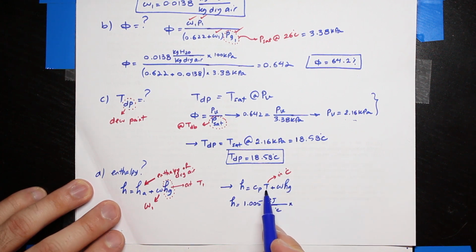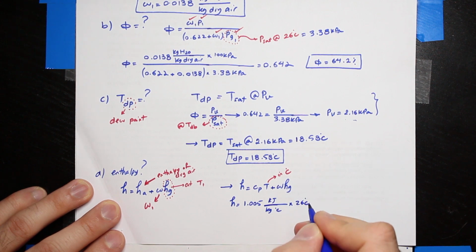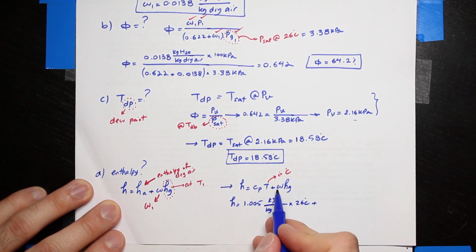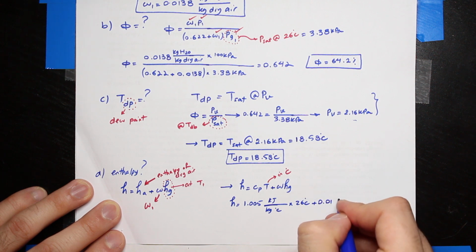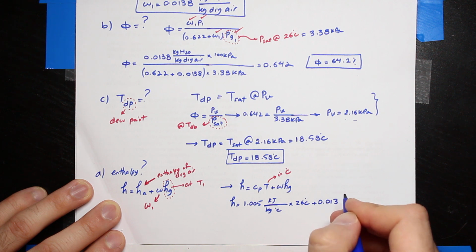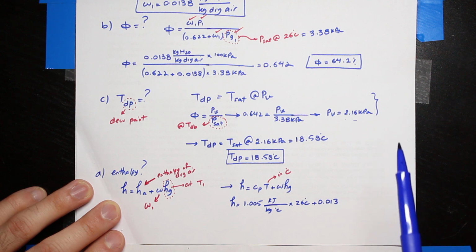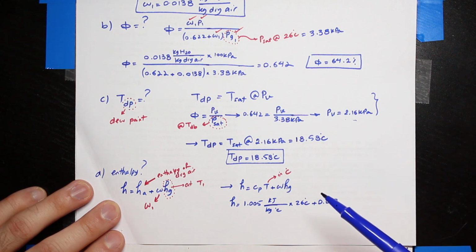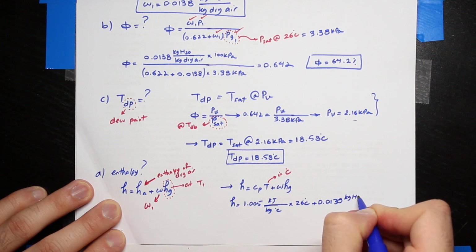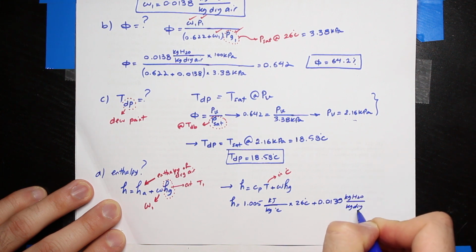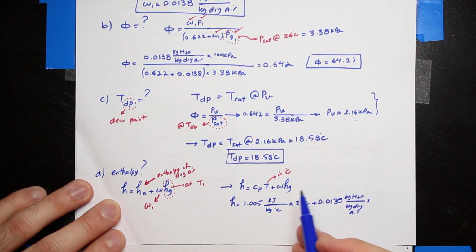This is T1, this is the dry bulb temperature, so 26 degrees C, plus omega 1, here we obtained it in part A, and that was 0.0138 kilogram H2O over kilogram dry air multiplied by Hg.